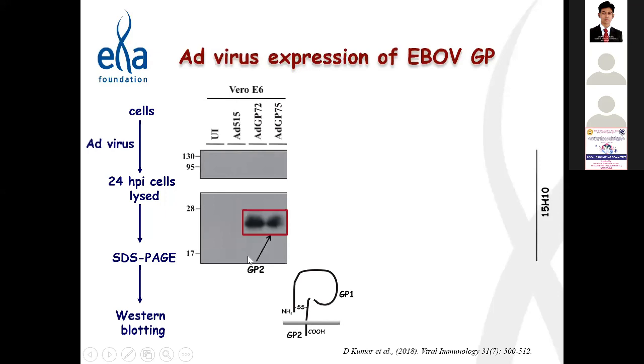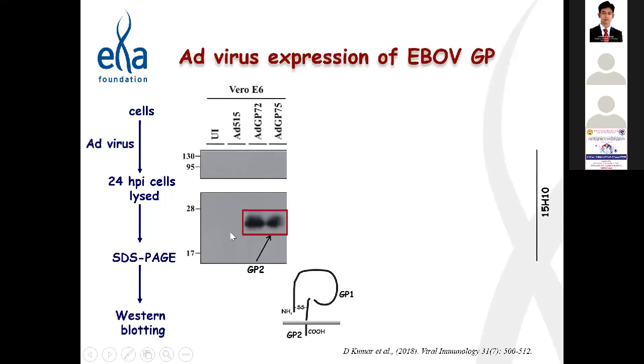Here you can see that this is the uninfected lane, uninfected cells. This is the control adenovirus infected lane, and this is the GP72 and 75 infected lane. You can see a specific band corresponding to the size expected for GP2 in these two lanes alone.